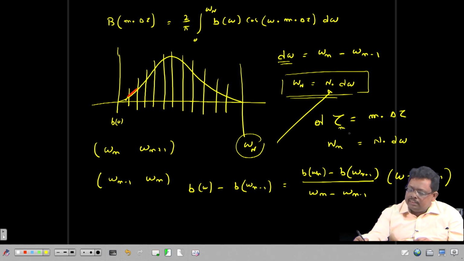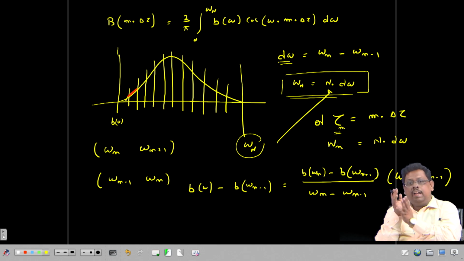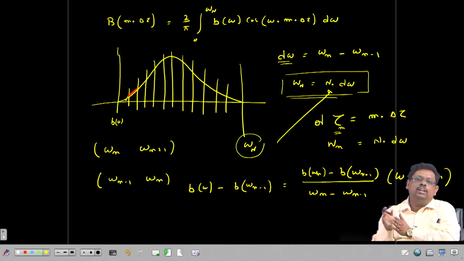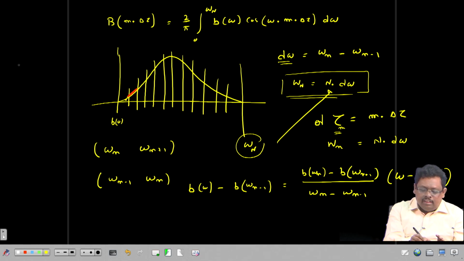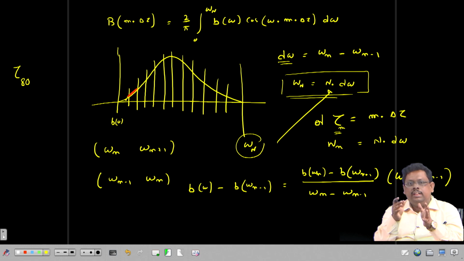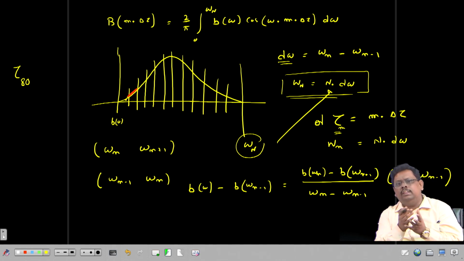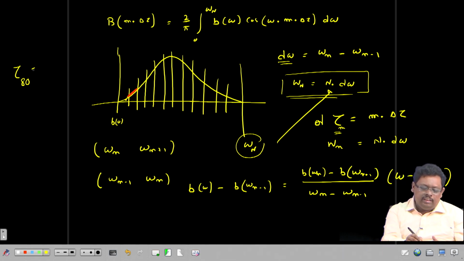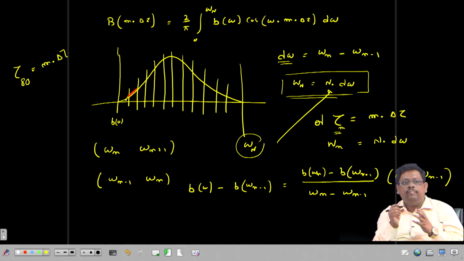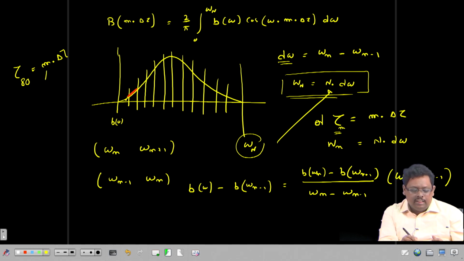Again I understand that the maximum value of tau should be m into delta tau, right. With this understanding, we need to get the response for 80 seconds, normally we are taking, let us take 80 seconds, and if it does not work then you can take 100 seconds. It is up to the experience how much tau you should take, but this should be equal to some m into delta tau, and from here actually I can get the value for m.